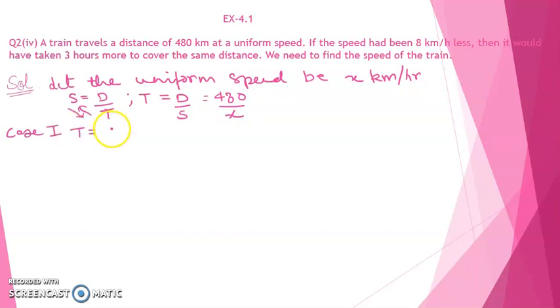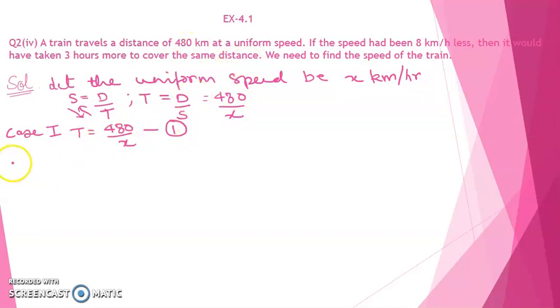I'm repeating again. So distance is how much? 480 km and speed is x, right? So this is your equation 1. Are you following, students? Time is equal to distance upon speed, which is equal to 480 km upon x. Okay, this distance. Clear? Nothing difficult.